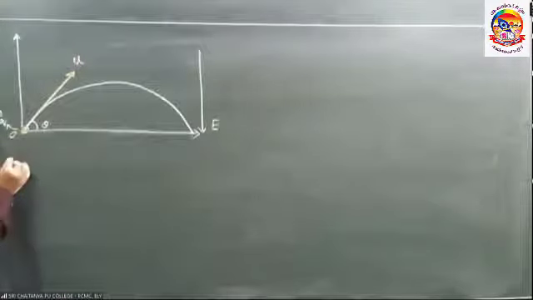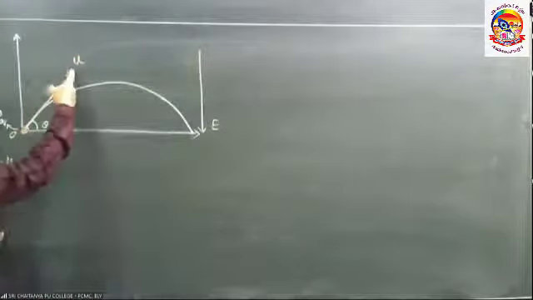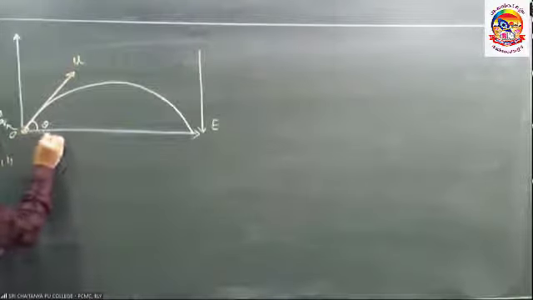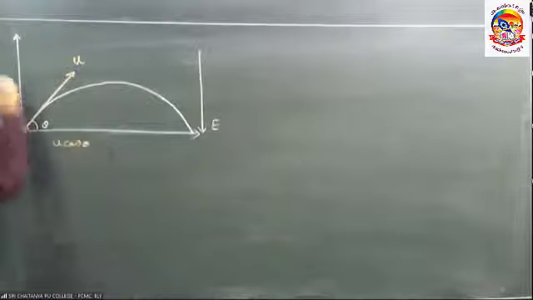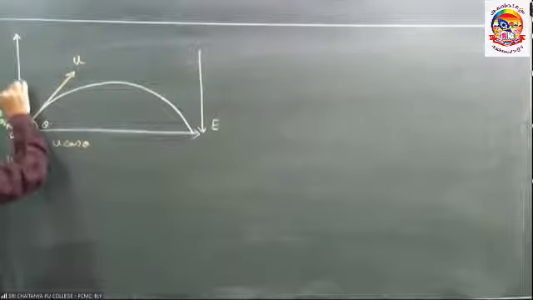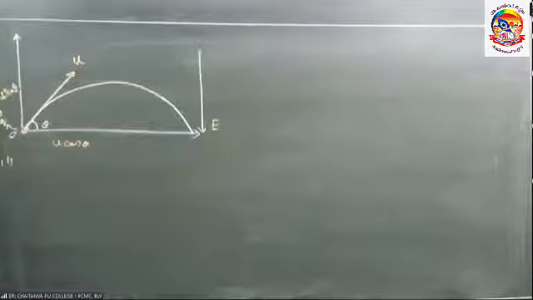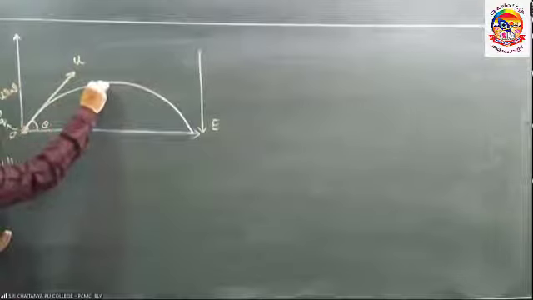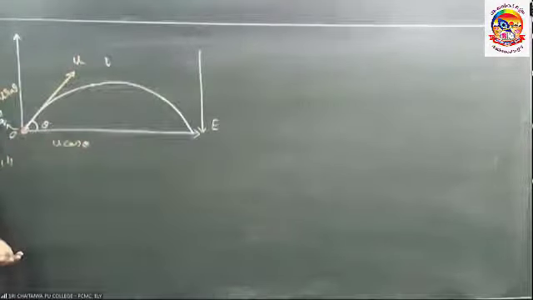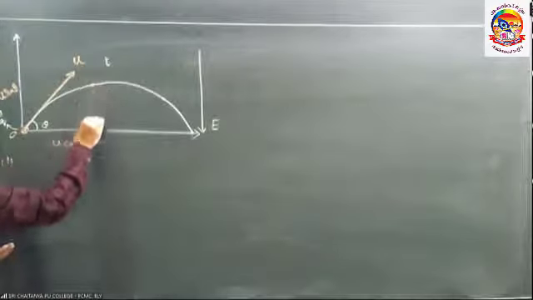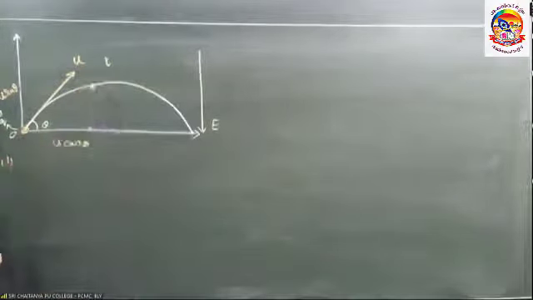Say, different questions. First, what is its horizontal component? u making an angle theta. Horizontal component is u cos theta. Vertical component is u sin theta. As usual, whatever we discussed in first year. At any instant of time, the particle is here, let us say, at time t. Then what is its vertical displacement?